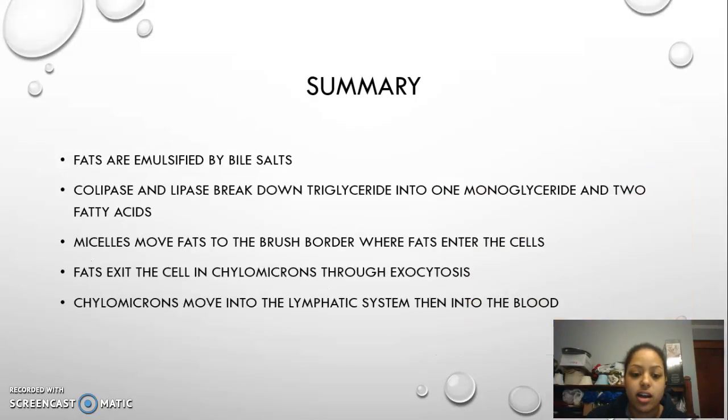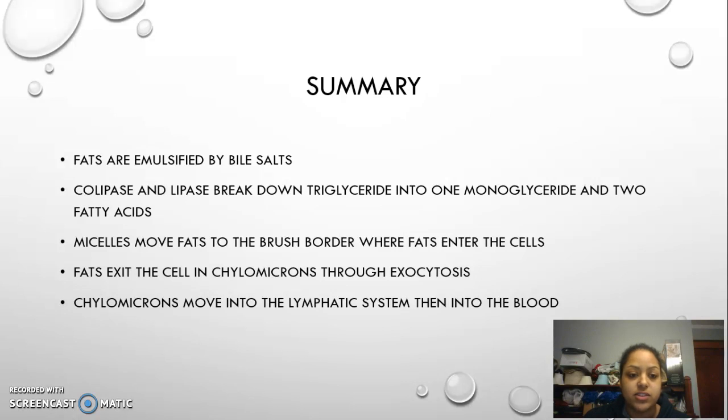So in summary of fat absorption in the body, fats are emulsified by bile salts, which allows for an increase in surface area of the fats, as well as makes them water soluble. Colipase and lipase will break down triglycerides into one monoglyceride and two fatty acids, which will then coalesce with other lipids to form micelles.